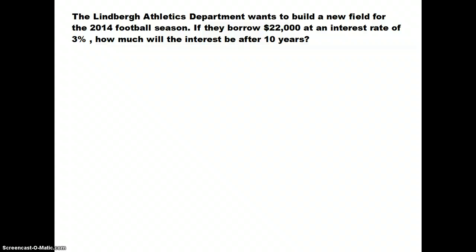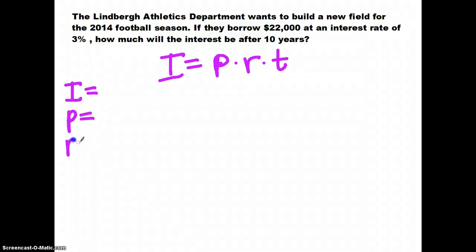Next one, the Lindbergh Athletics Department wants to build a new field for their season. They borrow $22,000 at an interest rate of 3%. How much will the interest be after 10 years? When you hear the words interest, borrow, and percent, you know you're doing a simple interest problem. I equals P times R times T. Off to the left, you have I equals, P equals, R equals, T equals.